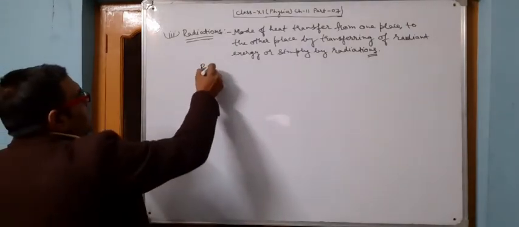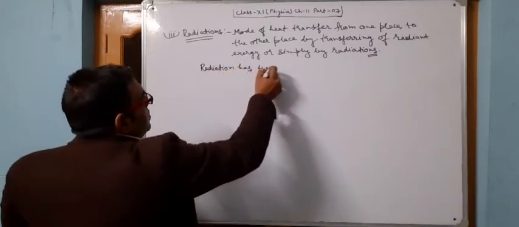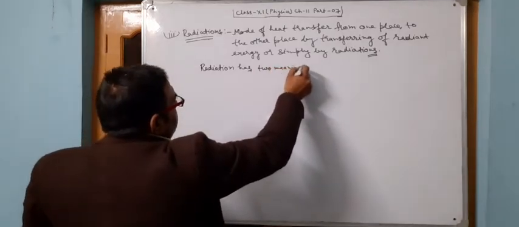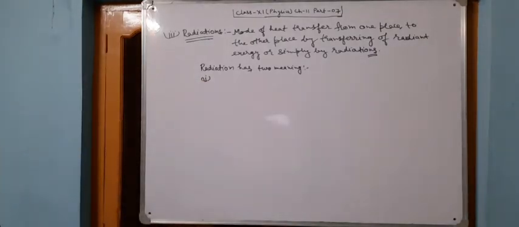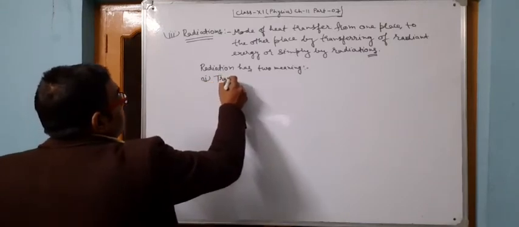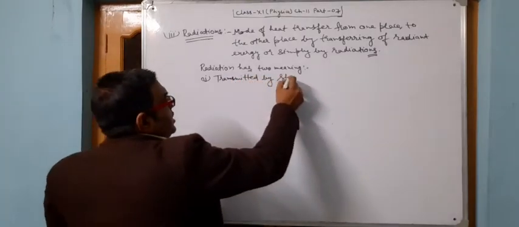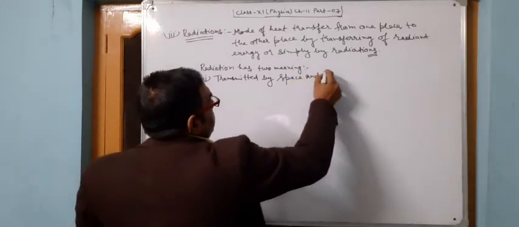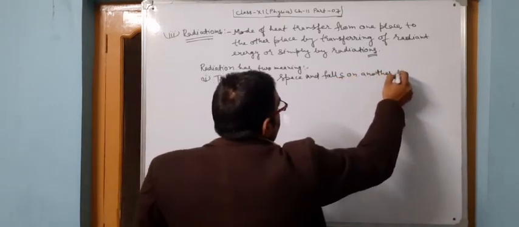Radiation has two meanings here. The first thing we can say is that the energy emitted by a body is transmitted through space and falls on another body.